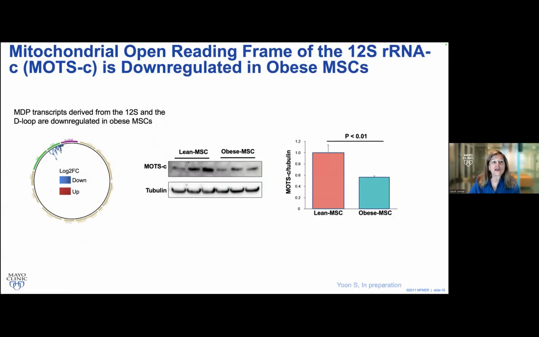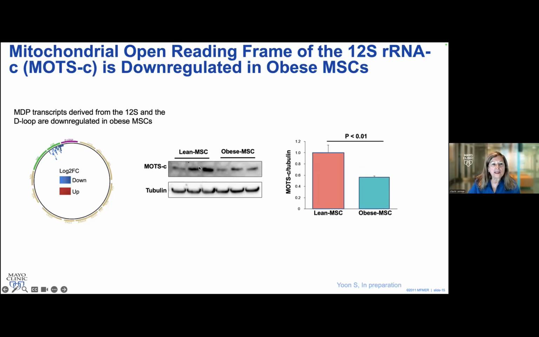What is the consequence of this? We know that the mitomiRs can affect the expression of mitochondrial-derived peptides, or MDPs, such as MOTS-c. MOTS-c, mitochondrial open reading frame of the 12S rRNA, has an important role in regulation of metabolism, and its levels decline in aging and early cardiovascular disease.